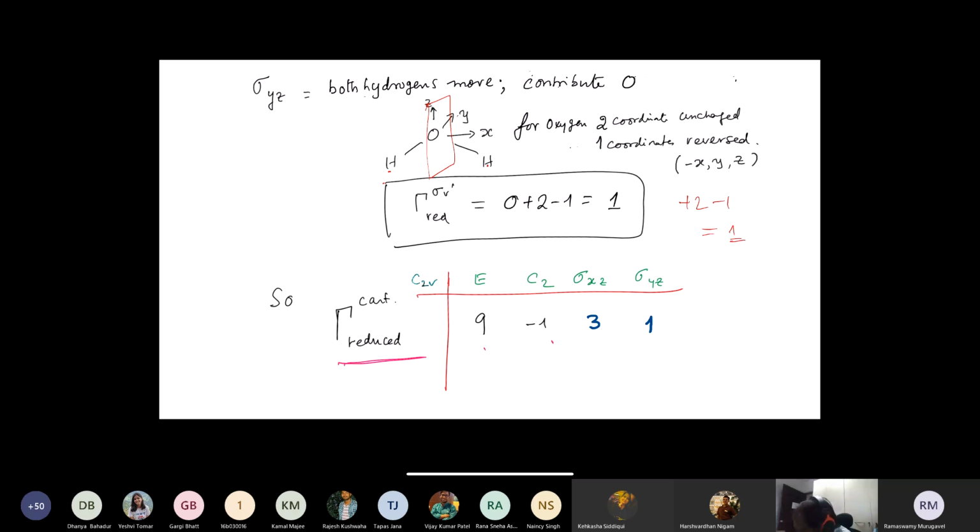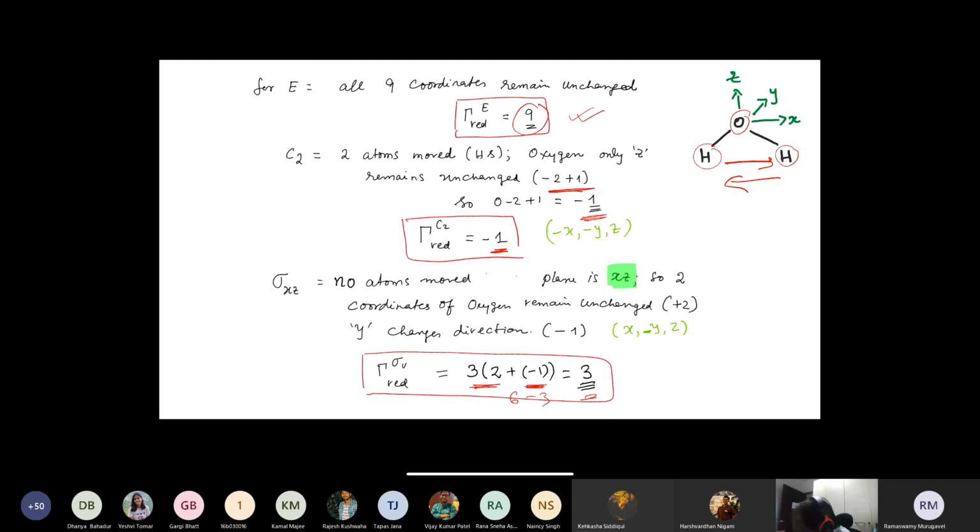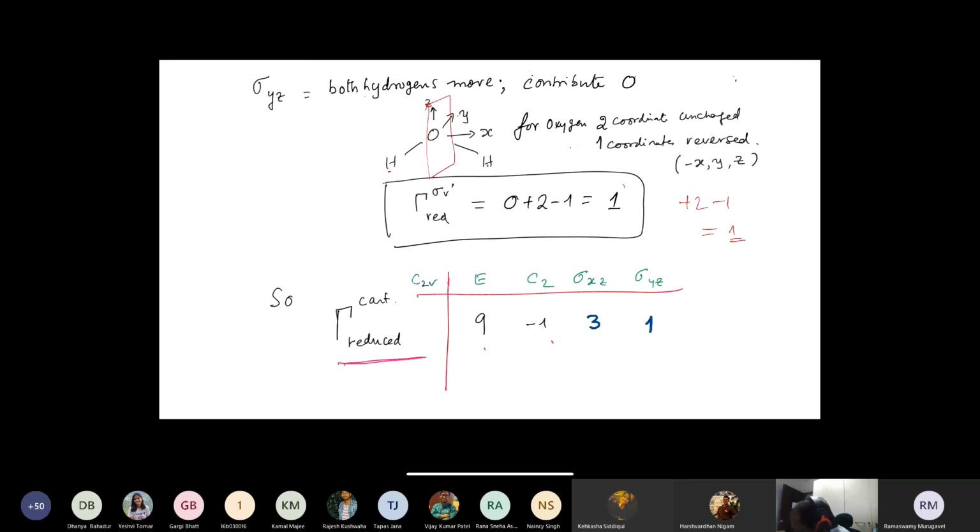So if you go back to the slide, you have 9 here, -1 here, +3 here, and +1 here. That is the total reducible representation for this particular point group. This is the most fundamental molecule one can solve very easily. You can easily operate upon the Cartesian coordinates and get these values of 9, -1, 3, and +1.